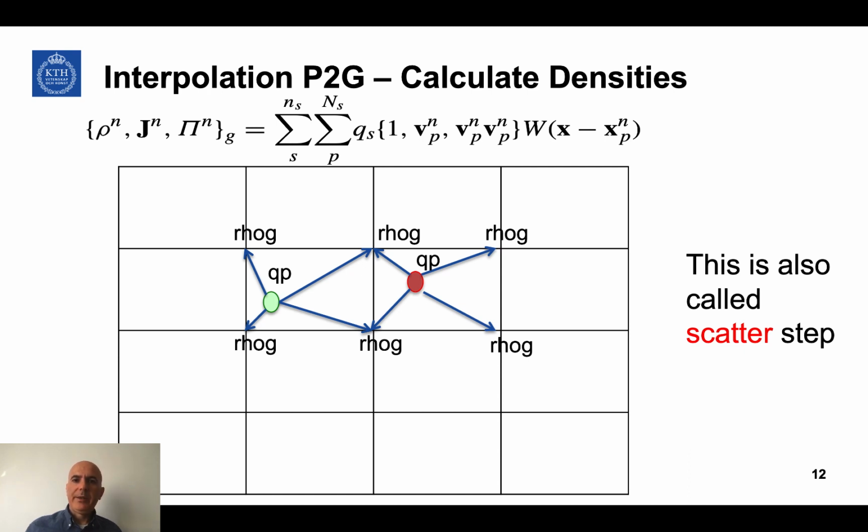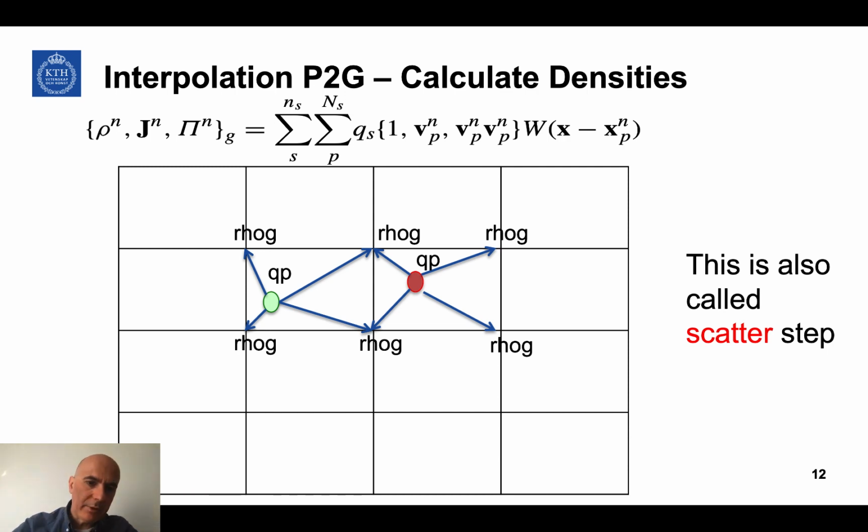So the next step is actually to calculate the sources for this field solver. Basically there are at least two sources in the governing equation. One is the charge density, right? That is rho, and one is the current. Here we use a similar trick.